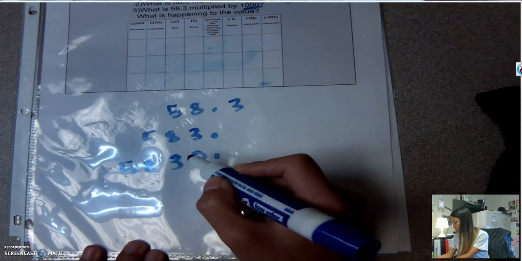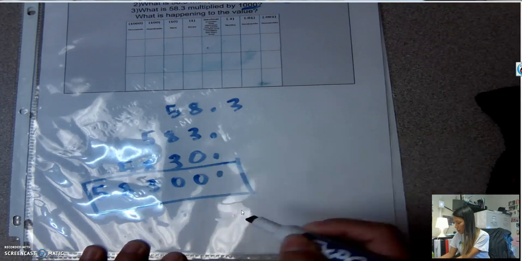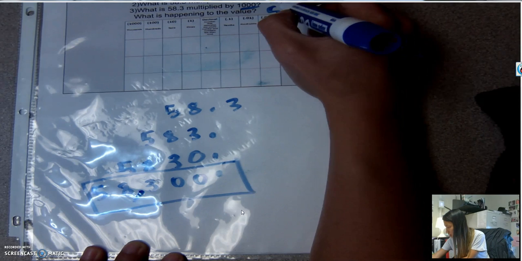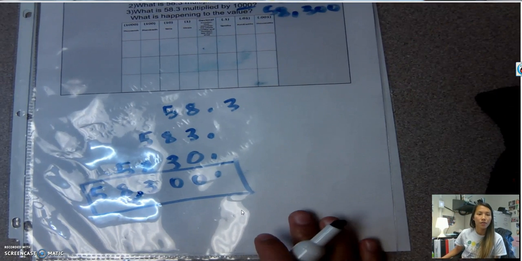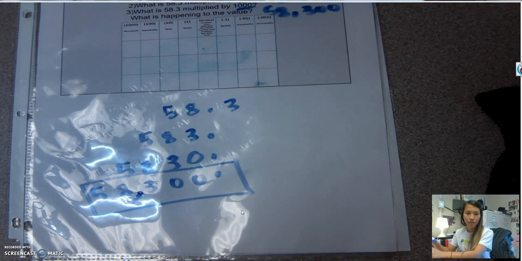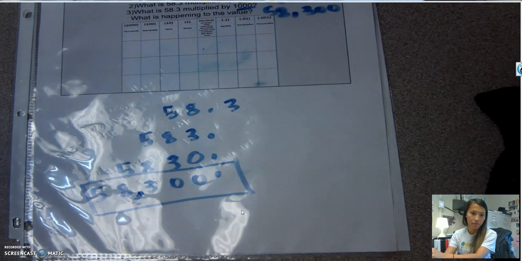And so my 3 will be here, 8 will be here, 5 will be here, and then there are empty spaces there, so I'm going to put in 0. So then I can lock in my answer. And so now your answer is 58,300. Okay? I'm trying to make it where you can see it a little bit better.